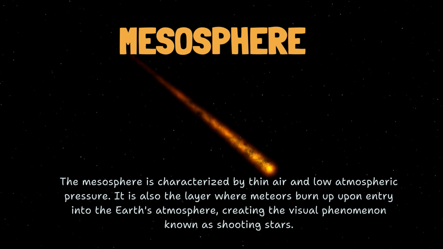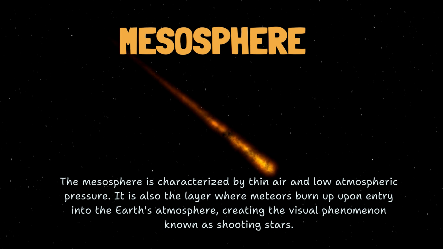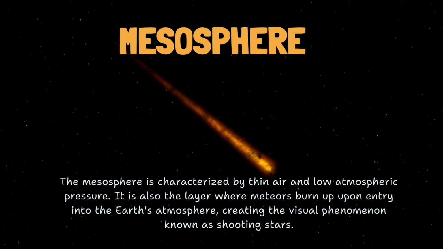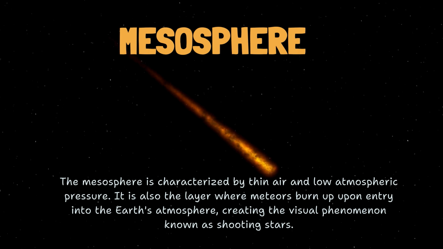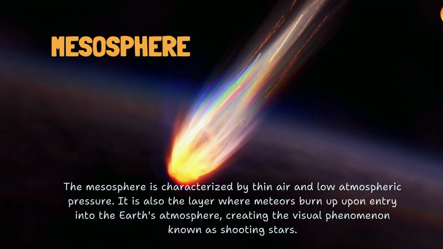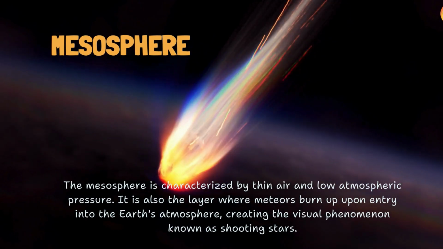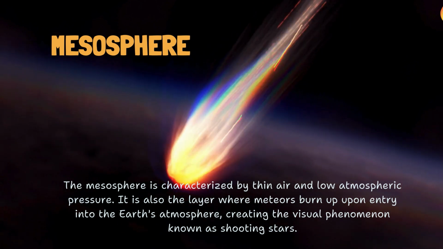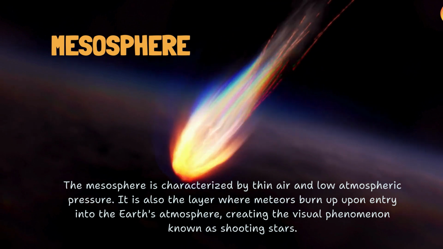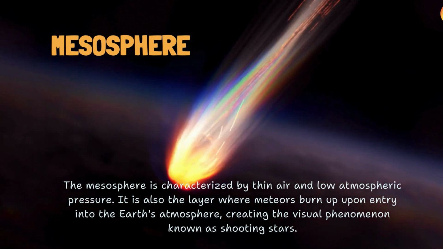The mesosphere is characterized by thin air and low atmospheric pressure. It is also the layer where meteors burn up upon entry into the Earth's atmosphere, creating the visual phenomenon known as shooting stars.